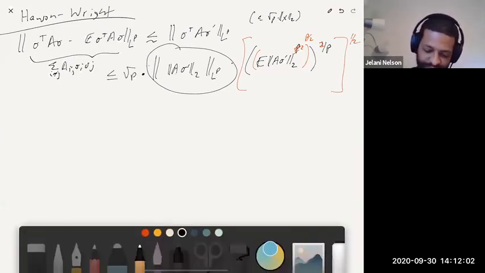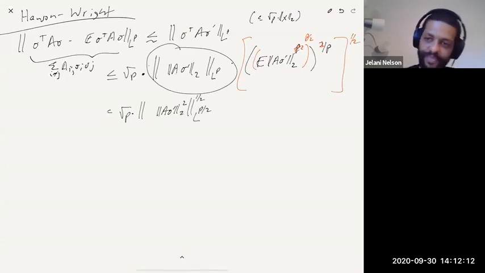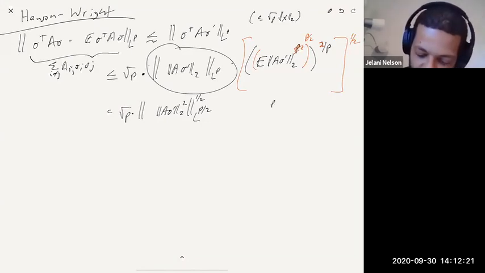So all I'm saying is that this is the same thing as root P times A sigma prime L2 norm squared LP over 2 to the 1/2. And then a fact about P norms is that P less than Q implies LP is at most LQ.